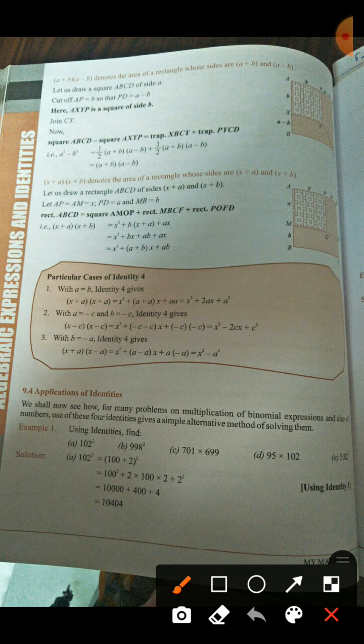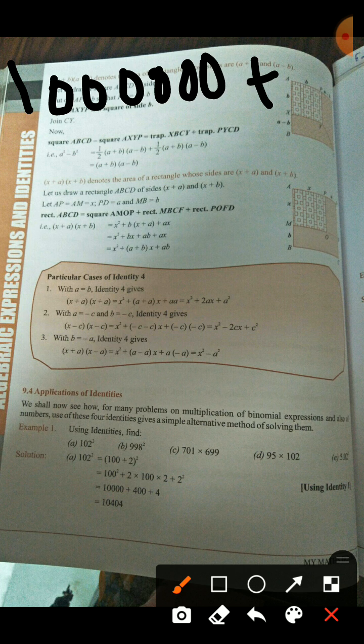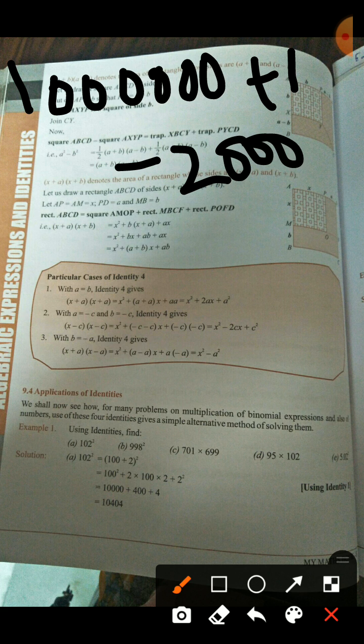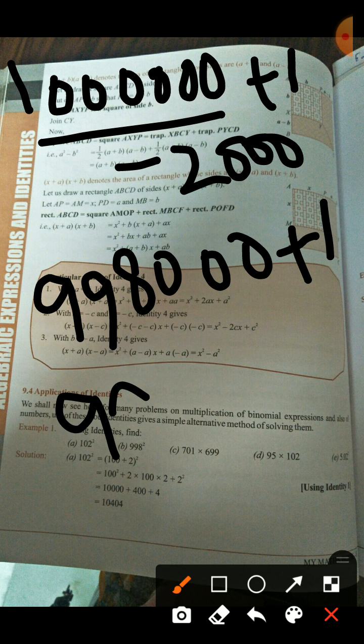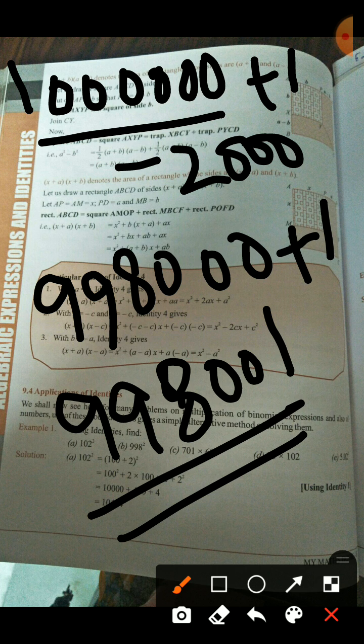So now on subtracting 2000 from this, you will get, and now on adding 1 you will get 998001. This was an easier calculation. So using an identity always makes your calculation simpler.